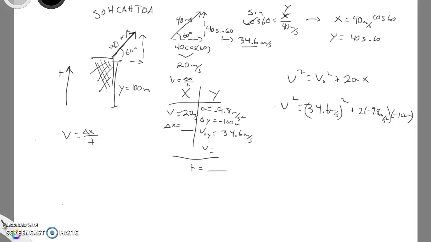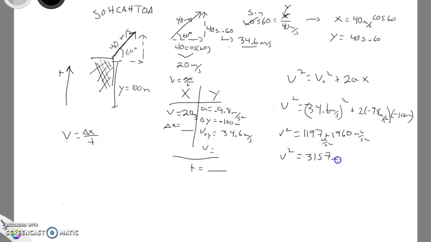I'm doing some quick simplifying. 34.6 squared is 1197. These become meters squared per second squared. And over here, 2 times negative 9.8 meters per second squared times negative 100 meters is going to be 1,960 meters squared per second squared.